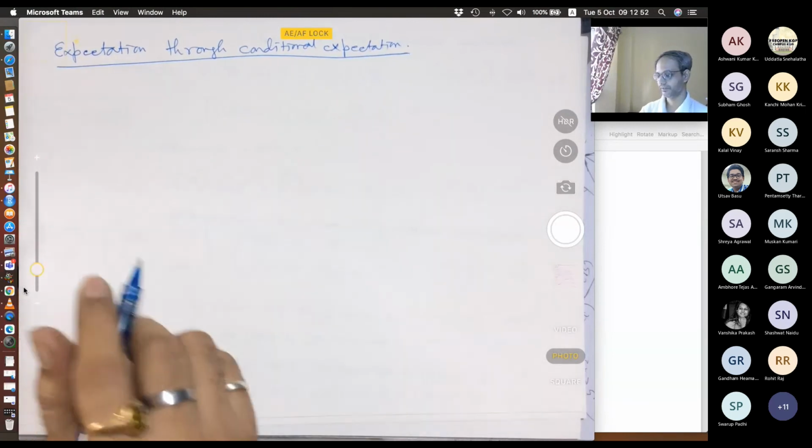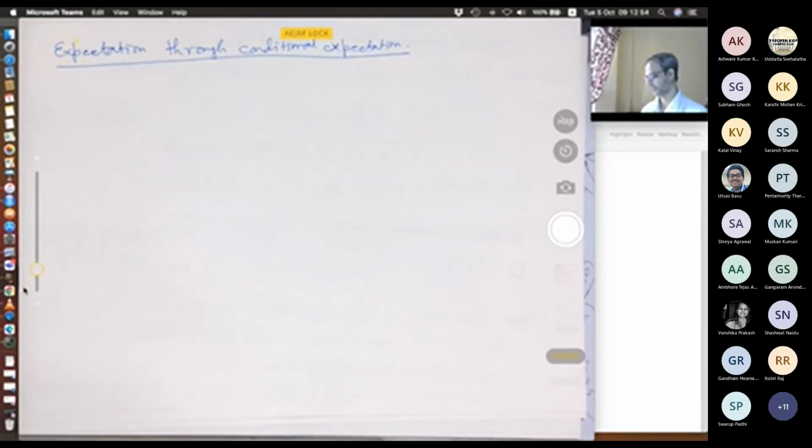So first of all, let me define what conditional expectation is, then we will define expectation through conditional expectation.